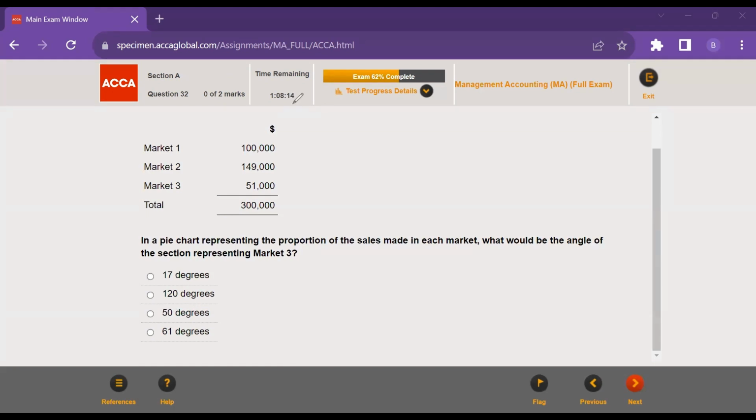We'll take the sales of market 3, which is 51,000, and divide this by the total sales of 300,000, and then multiply that by 360 degrees. If you carry out this calculation, you will get your answer as 61 degrees.